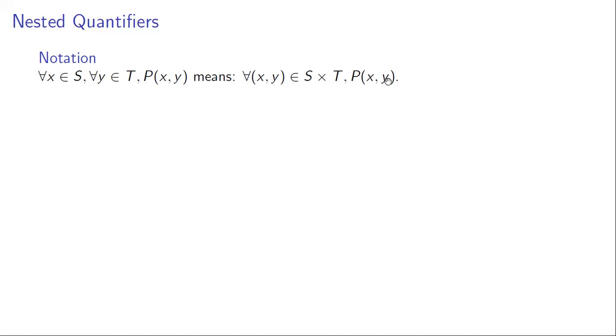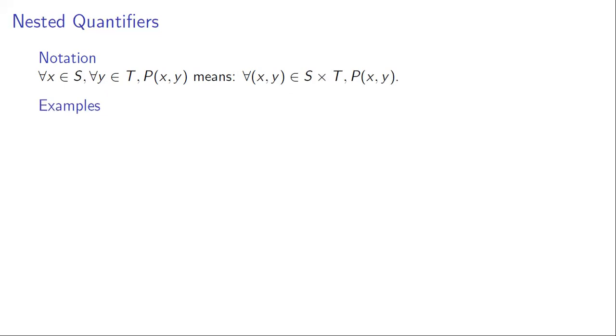Meaning P of x comma y applies to all pairs where the first element comes from S and the second element comes from T. So all this says is that P of x comma y applies to all possible combinations of x and y where x comes from S and y comes from T.